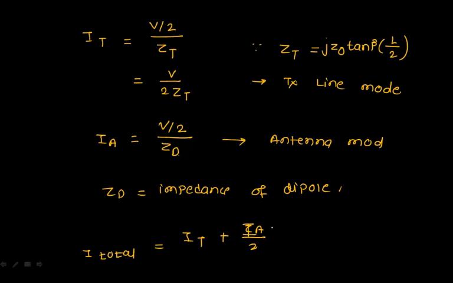So the total on the left element will be IT, and on the right element you have IA by 2. So IT plus IA by 2 must be the total. The input impedance of the folded dipole, Zin, is equal to V by I total. We know that Zin is nothing but the V by I ratio. So it will be V divided by IT plus IA by 2.